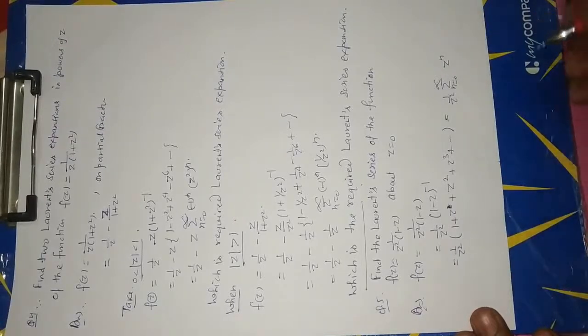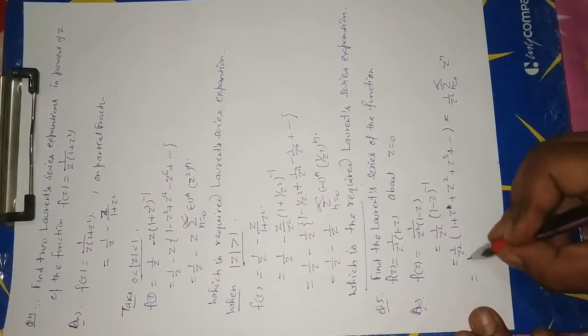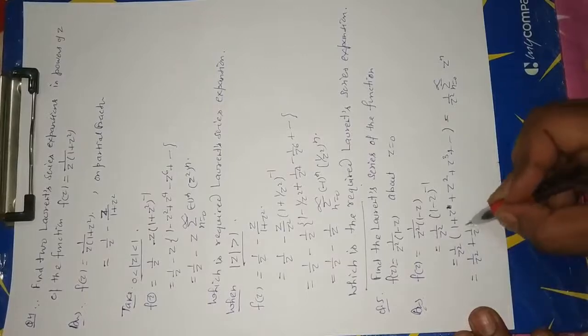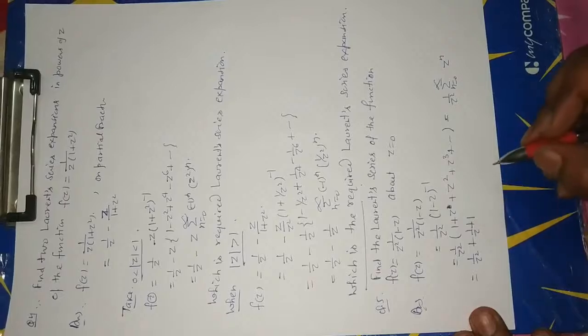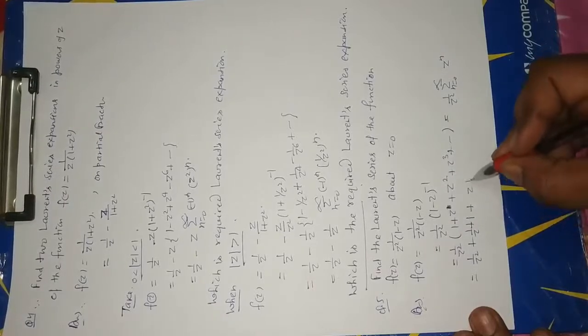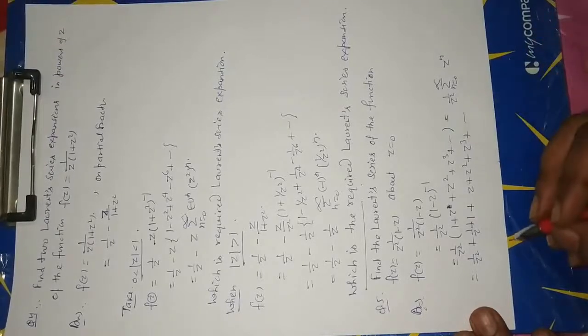Okay, or 1 upon z square plus 1 upon z plus 1 plus z plus z square plus z cube plus up to dot.